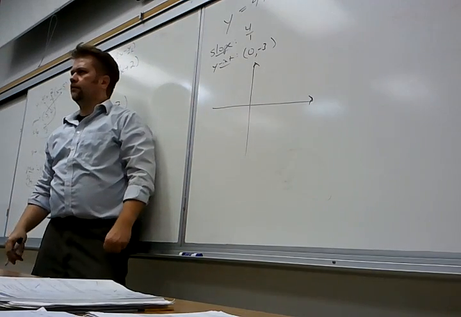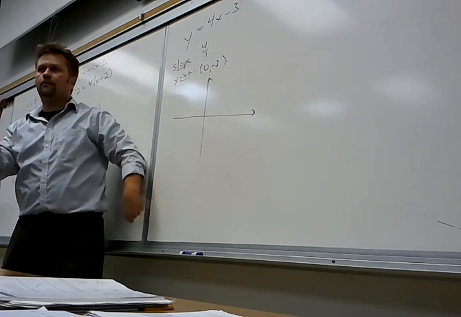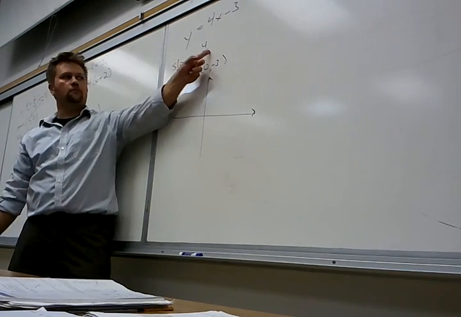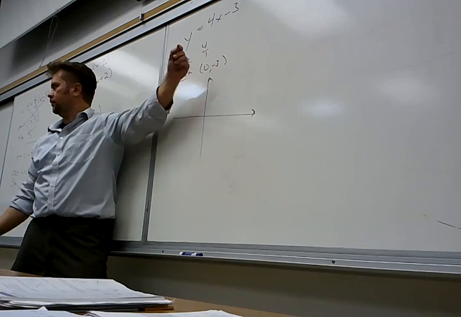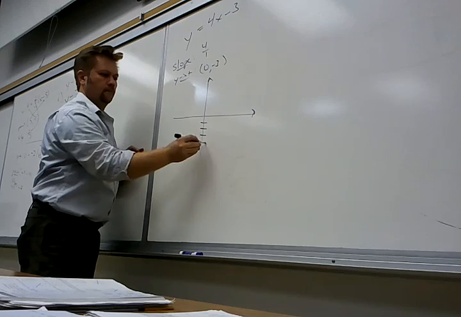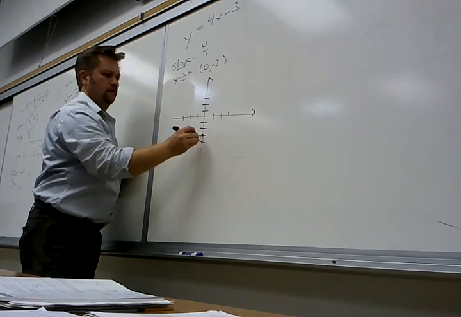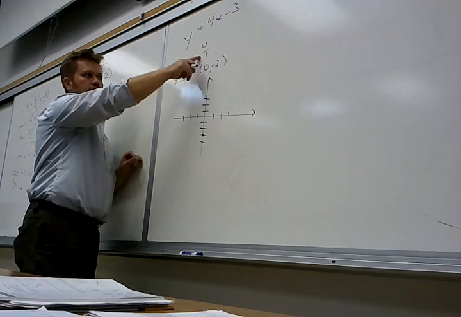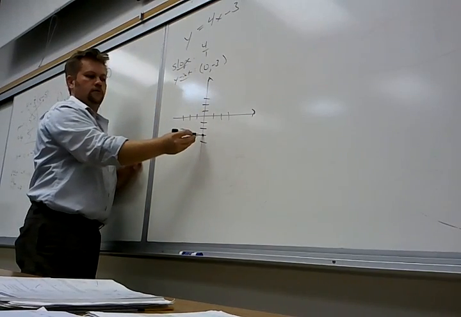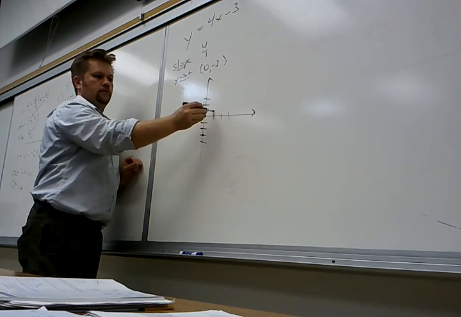So what do I do first when I want to graph this thing? Beautiful. You have to have a point on your line before you can start moving around with what the slope says, right? So my point on the line, the only one I know, is (0, -3). It's right there. And the slope tells me to go where? 1, 2, 3, 4 over 1, right?